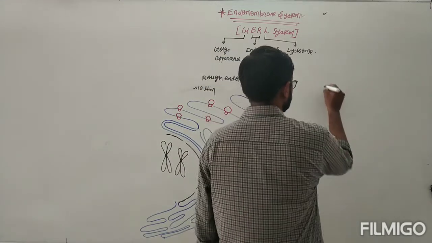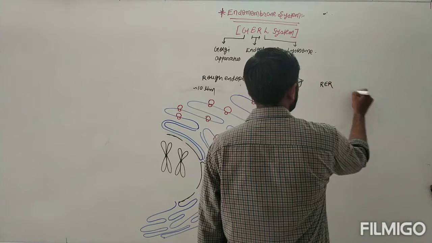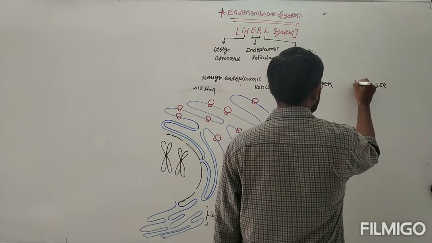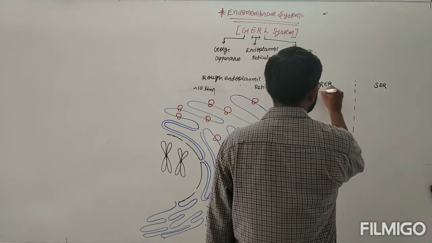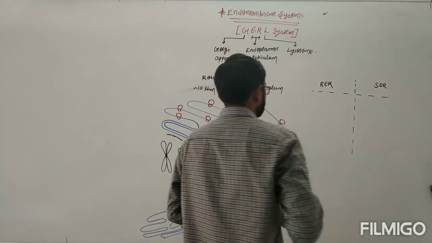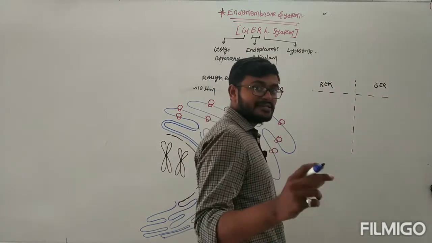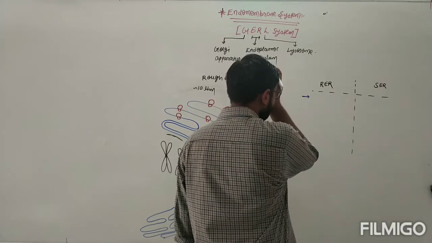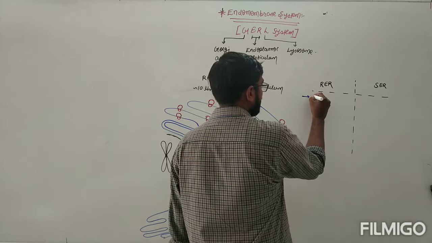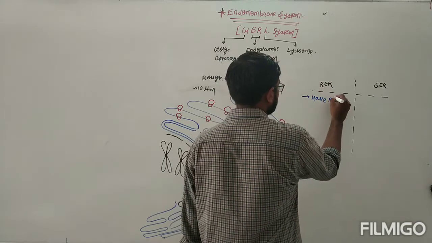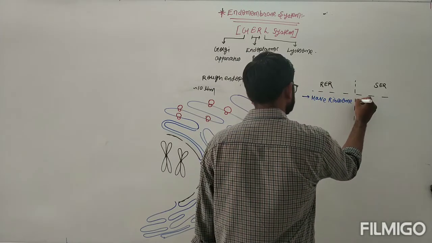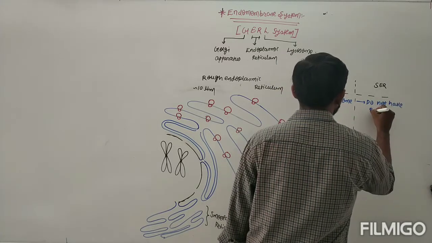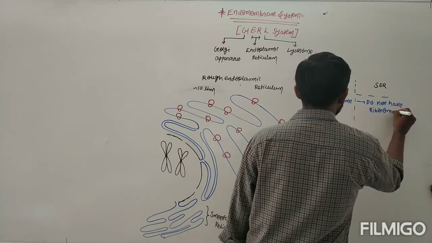The difference between rough endoplasmic reticulum and smooth endoplasmic reticulum. See, the RER always remains in connection with the nucleus. The RER has ribosomes on its surface; the SER does not have ribosomes.